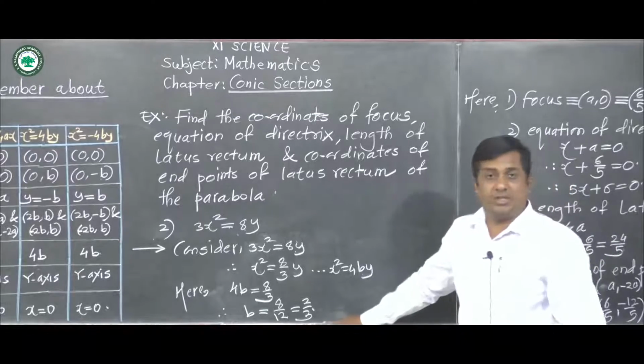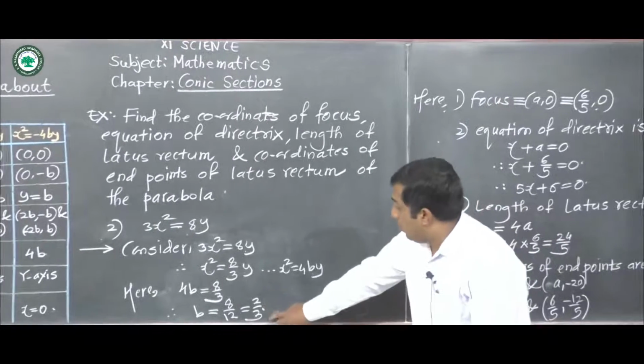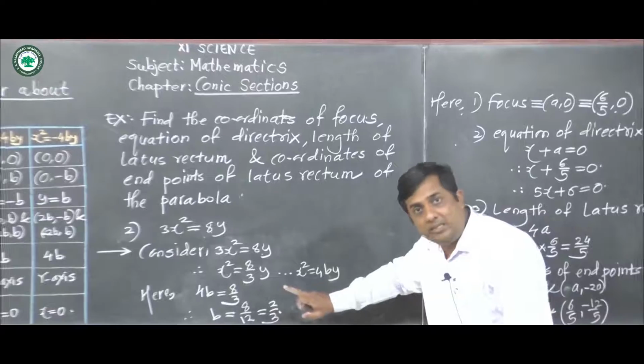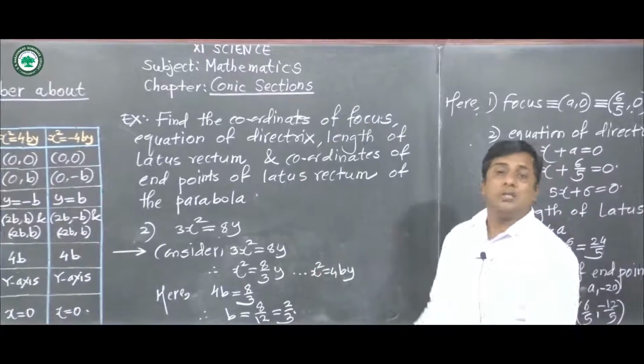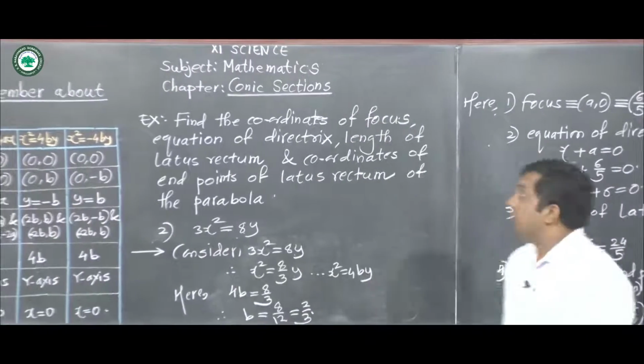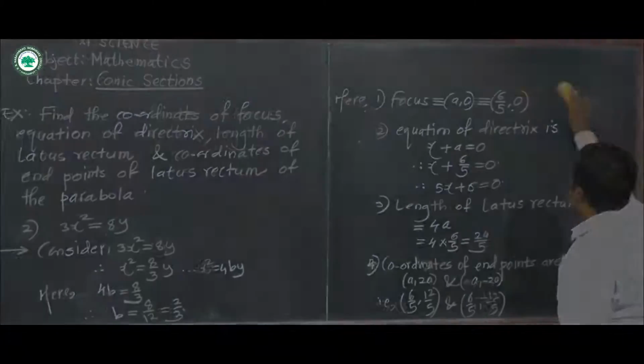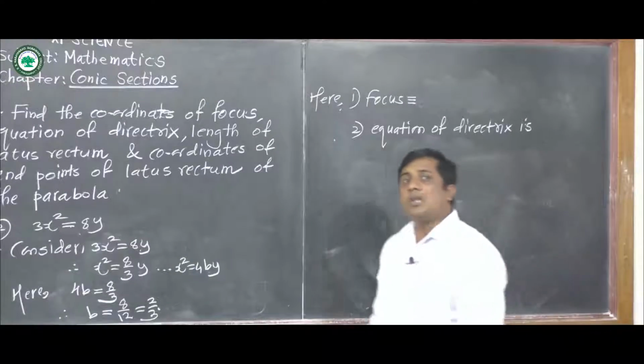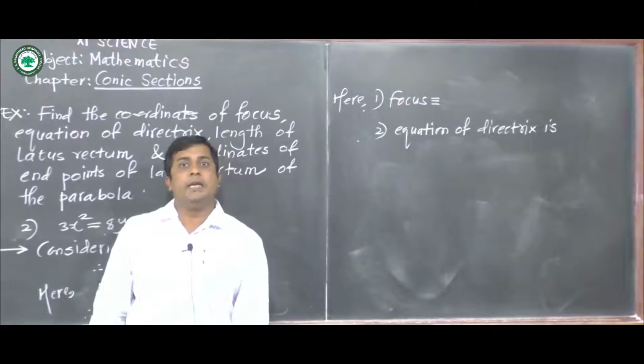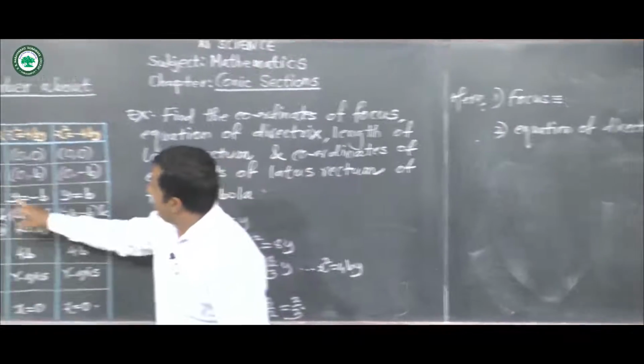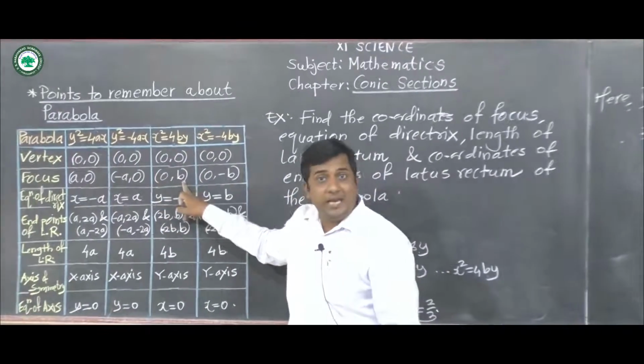So we get this b. Now using this b, we have to find all those points. Firstly, we have to find the focus. For the focus of the given equation of the parabola, it is (0, b).